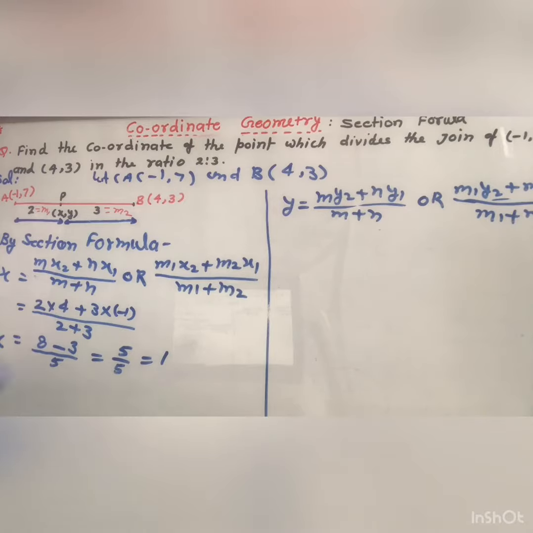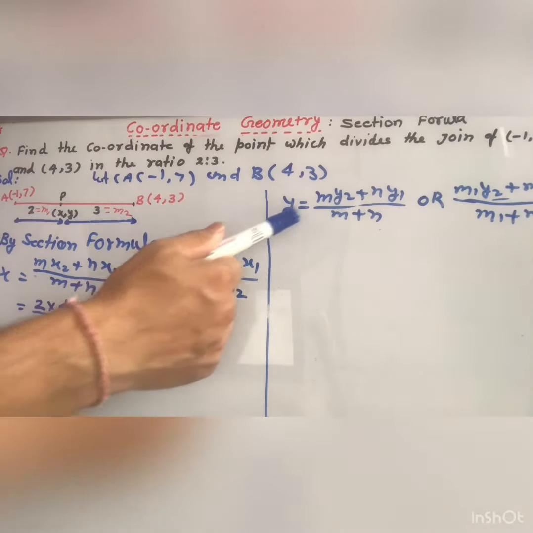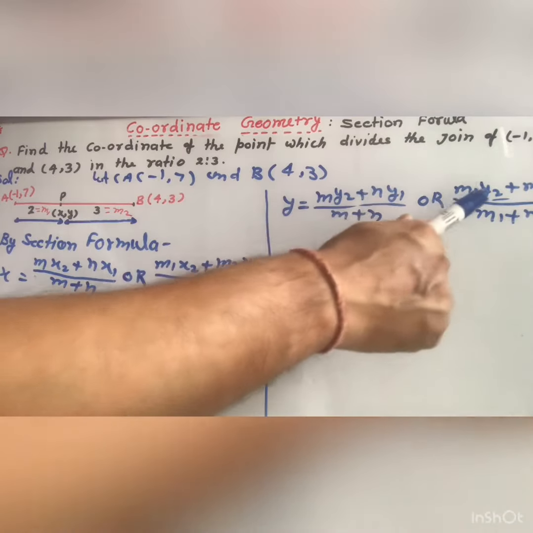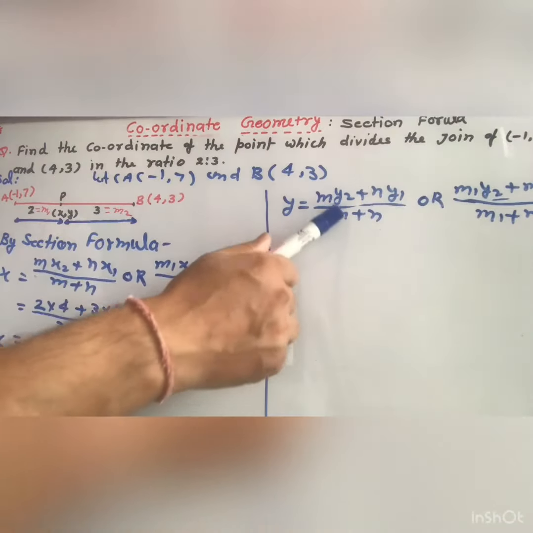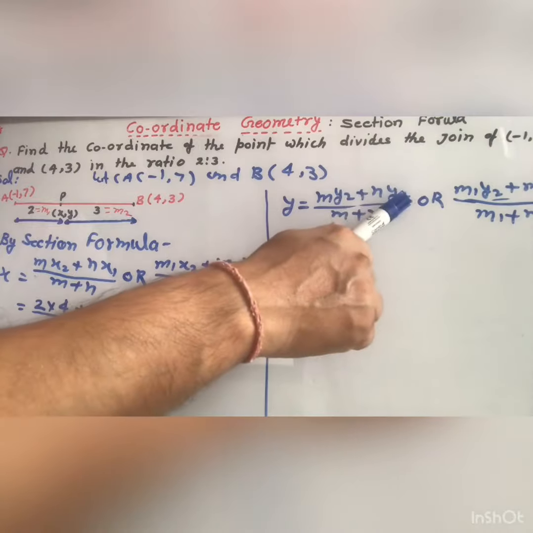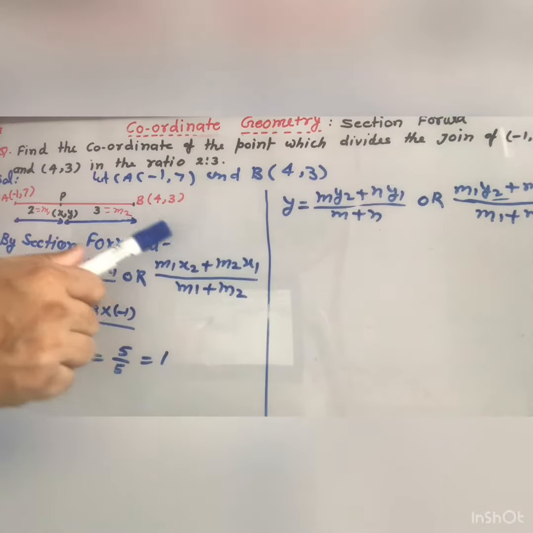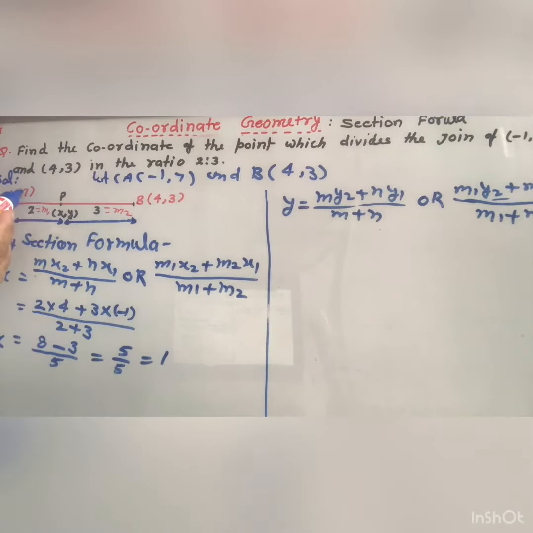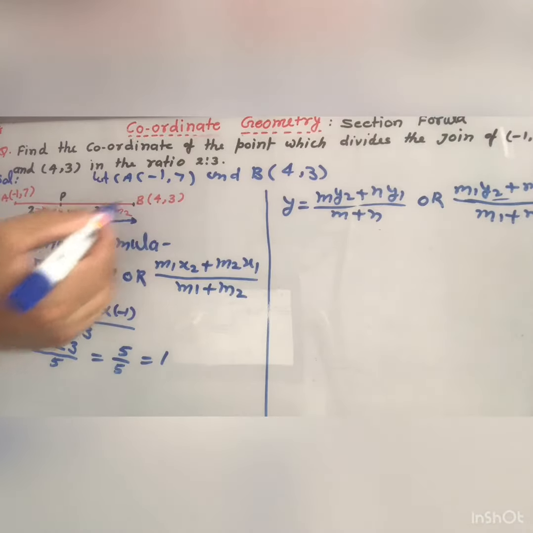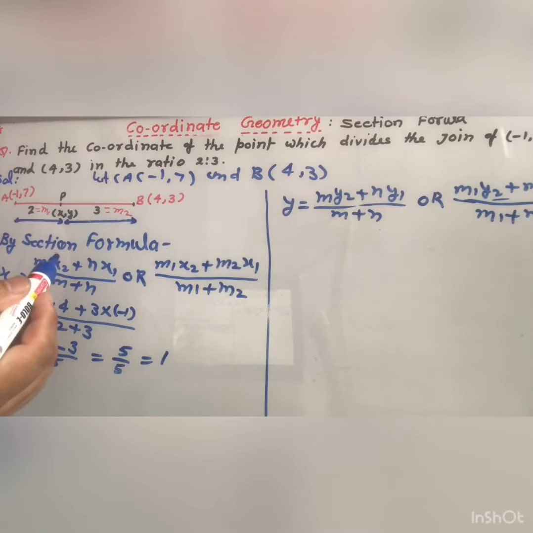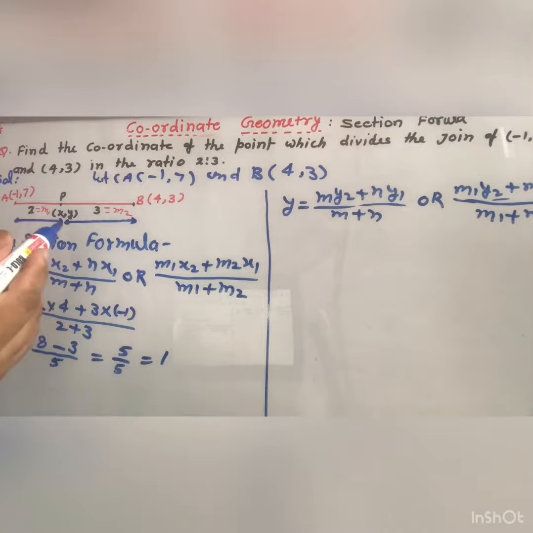Now for the coordinate of y, we will substitute the values of m and n, otherwise m1 and m2, and y1 and y2. Here 7 is y1 and 3 is y2. So you will put these values here.